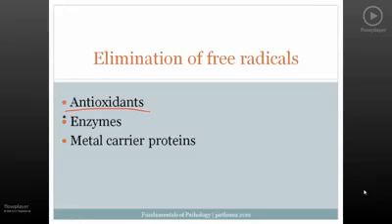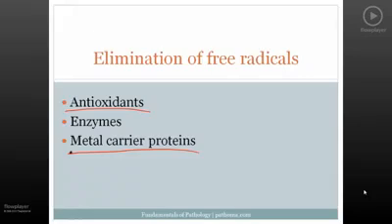Another important mechanism of elimination of free radicals, I'm going to skip here and go a little out of order, but it's metal carrier proteins. Metal carrier proteins are what I've already talked about. You know that copper and iron have the ability to create free radicals, iron in particular, by the Fenton reaction, and the generation of free radicals is a dangerous thing. And so the way by which the body handles that is to have metal carrier proteins.